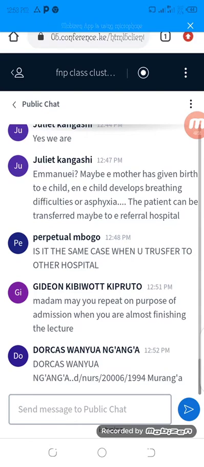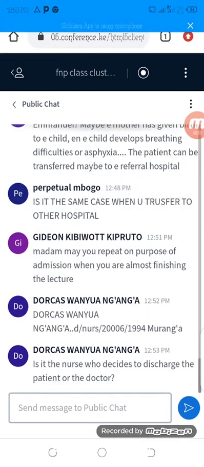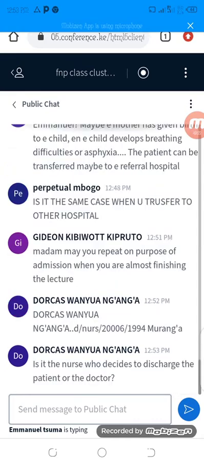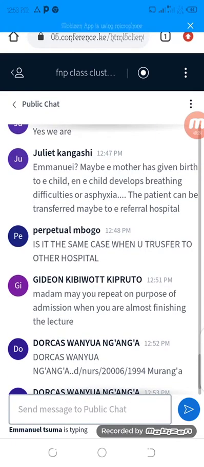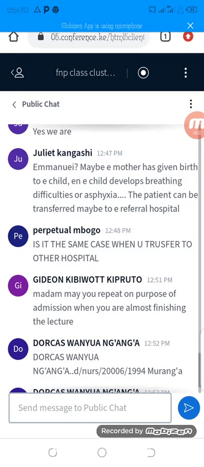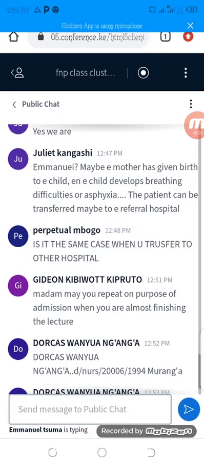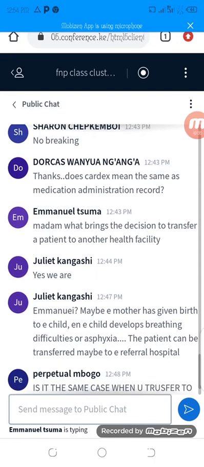When you are discharging this patient, remember the patient is going home to stay with family. So make sure that the families are informed of some of the things that they should do at home to help the patient.